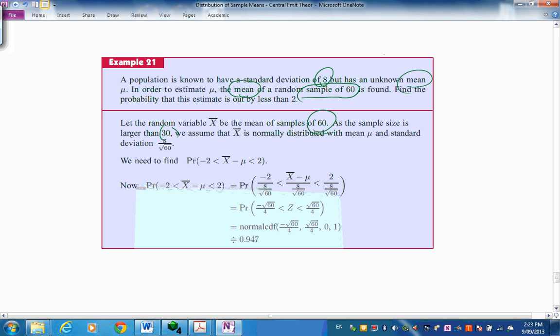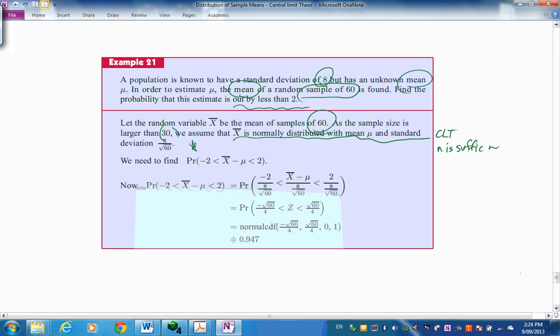Now, if we assume that x bar is normally distributed, that's under the central limit theorem, supposing that n is sufficiently large. Should always mention that. So assuming 60 is sufficiently large under the central limit theorem, this will be true. And we want the probability that the estimate is out by less than 2. Okay, unknown mean.